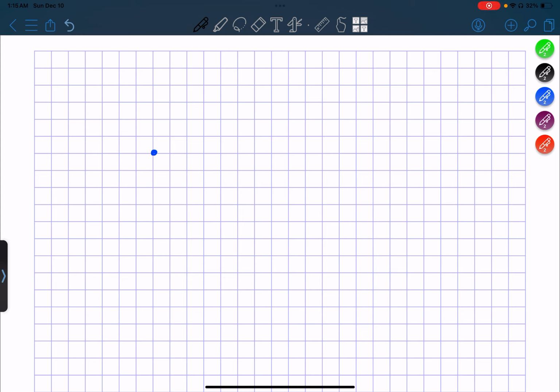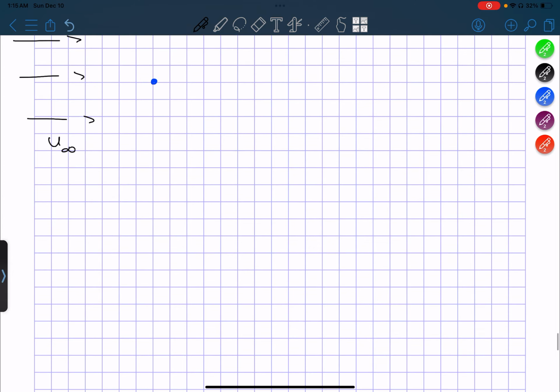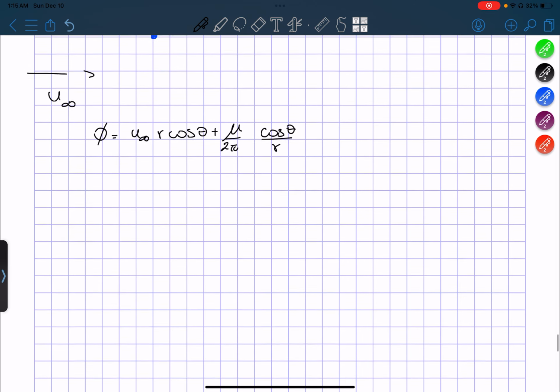It's only a free stream, so we have a free stream moving in this direction from left to right, and the velocity is u infinity. We have different equations in our case. So we have our phi is u infinity r cosine theta plus mu divided by 2 pi cosine of theta over r.